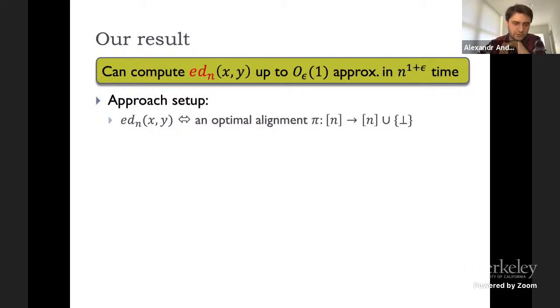Once you modify one word into the other, some characters remain, and this optimal alignment says that a character, maybe the first A in banana, matches the first A in ananas.